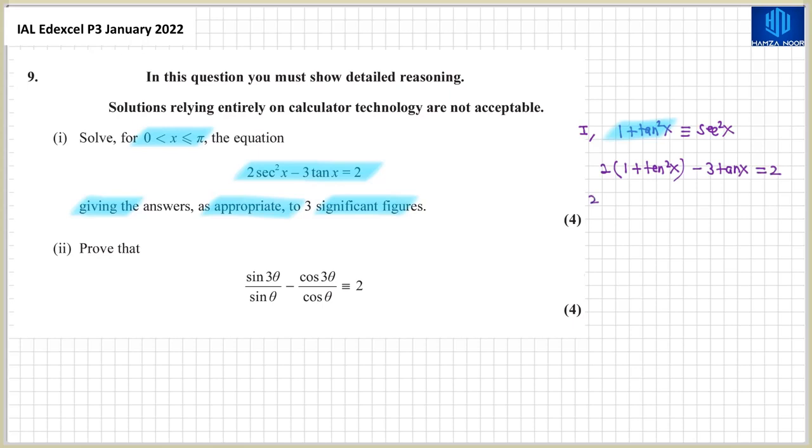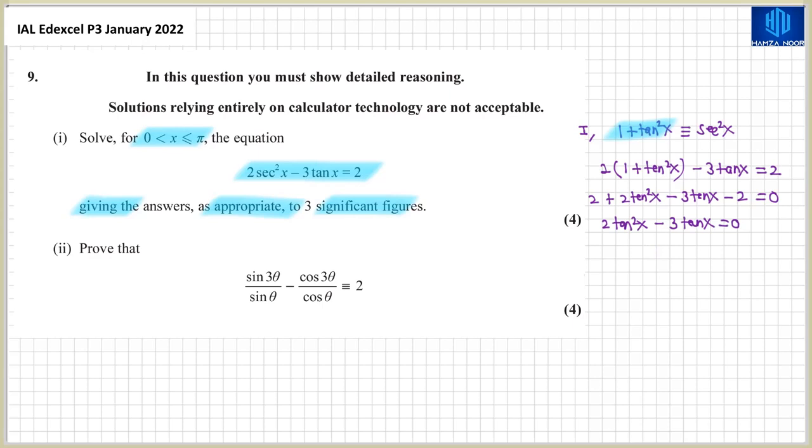Therefore, 2 plus 2 tan² x minus 3 tan x minus 2 is equal to 0. So we are left with 2 tan² x minus 3 tan x equals 0.